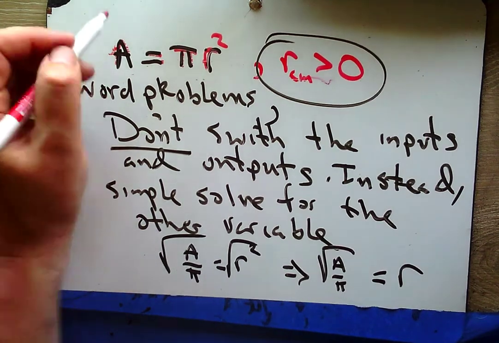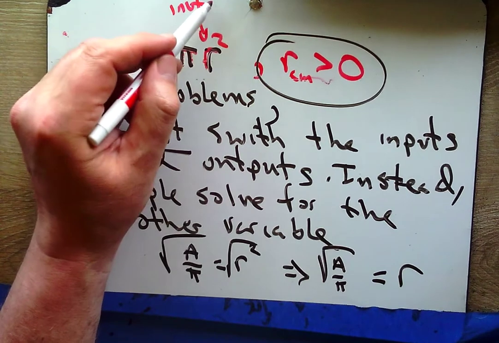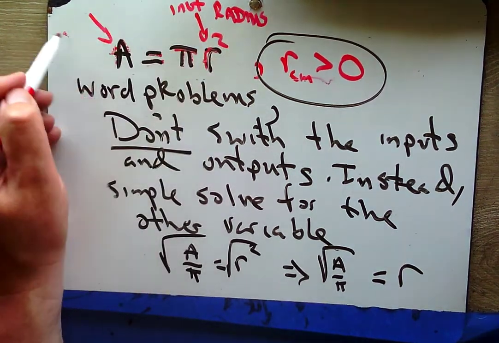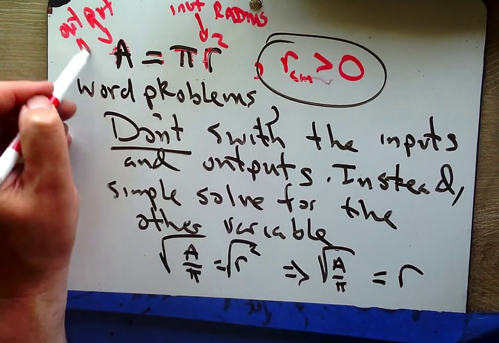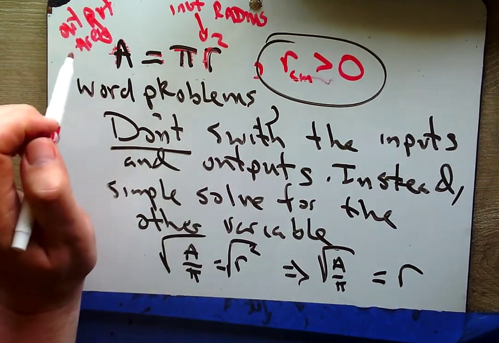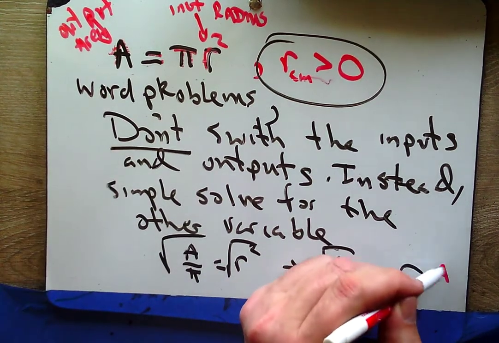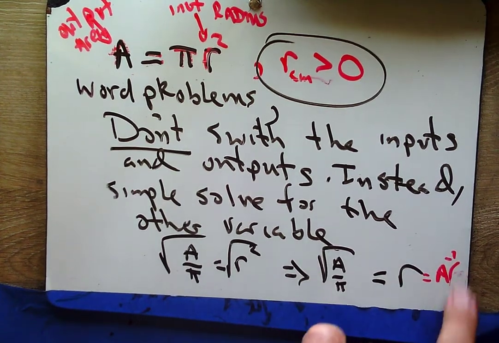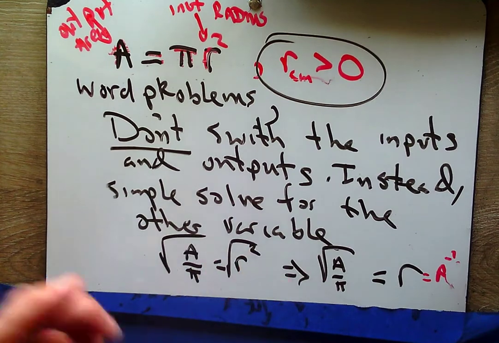Remember, with the original function, the input was radius, and the output is area. The inverse function should switch that relationship.